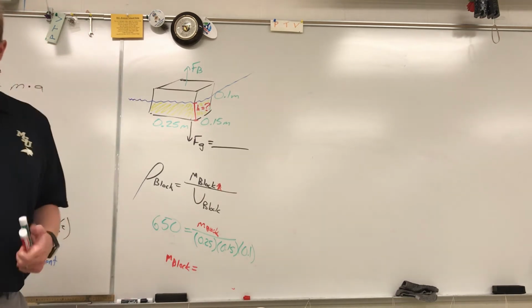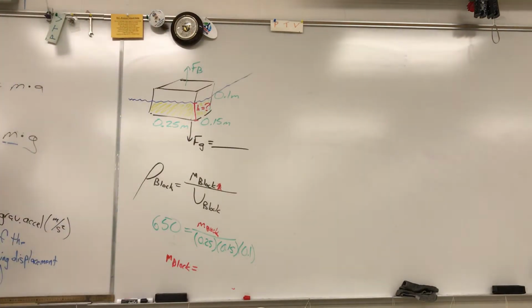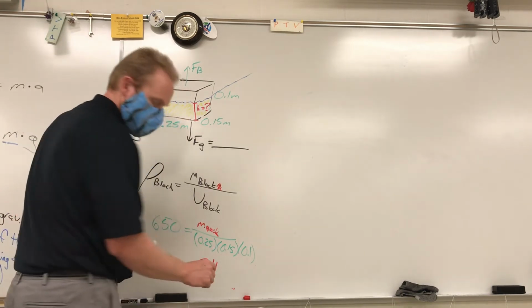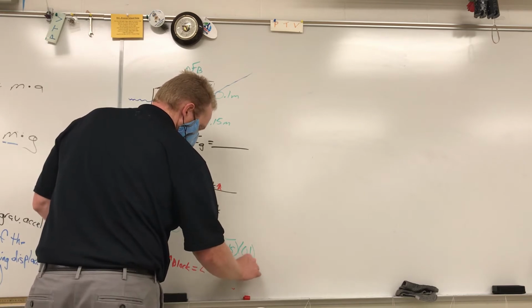And when we cross multiply and divide, 650 times 0.25 times 0.15 times 0.1, we get a mass that is equal to 2.4375 kilograms.